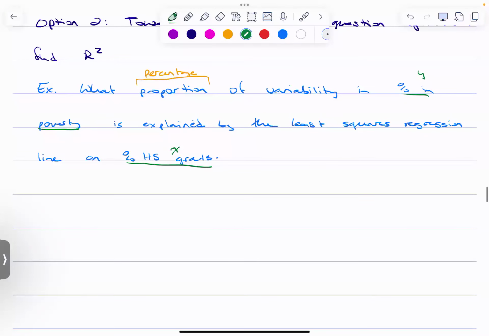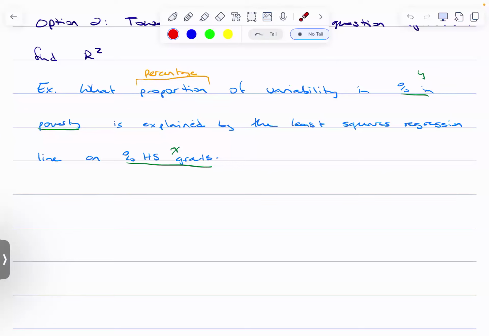Another thing that makes it boggy is calling the line of best fit the least squares regression line. That's just being proper. You can kind of ignore that. You can just say the line if you want. But you have to read these questions and figure out what it is that's wanted of you.